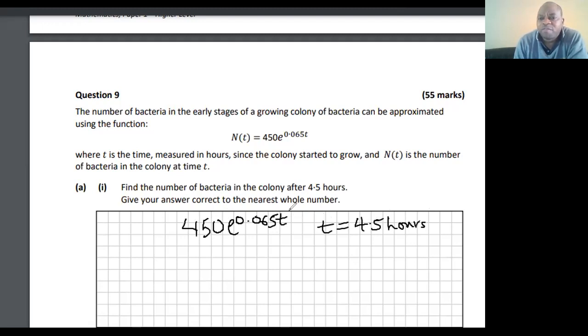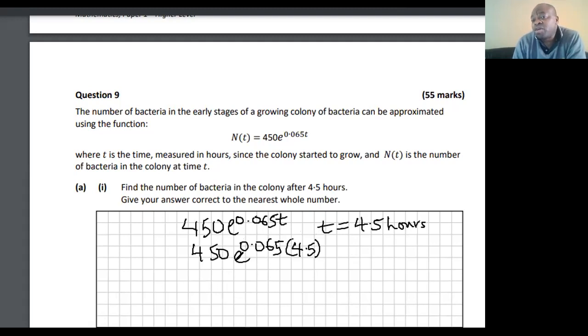That is, after 4.5 hours, what will be the growth of the bacteria? So substitute your time into the equation: exponential 0.065 multiplied by 4.5 hours. Just put this in your calculator.